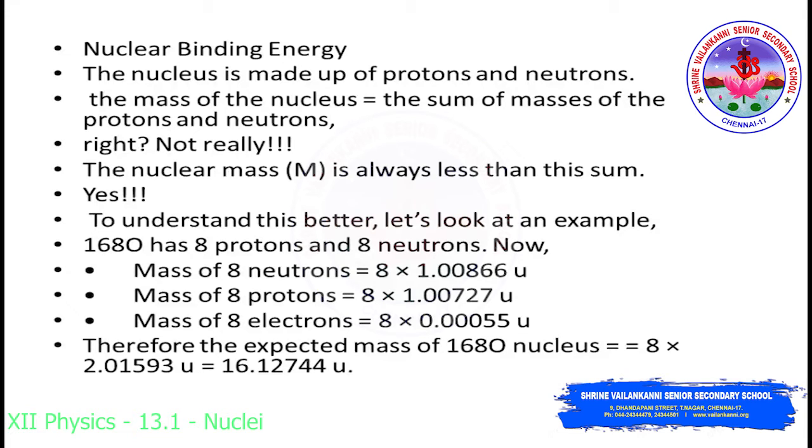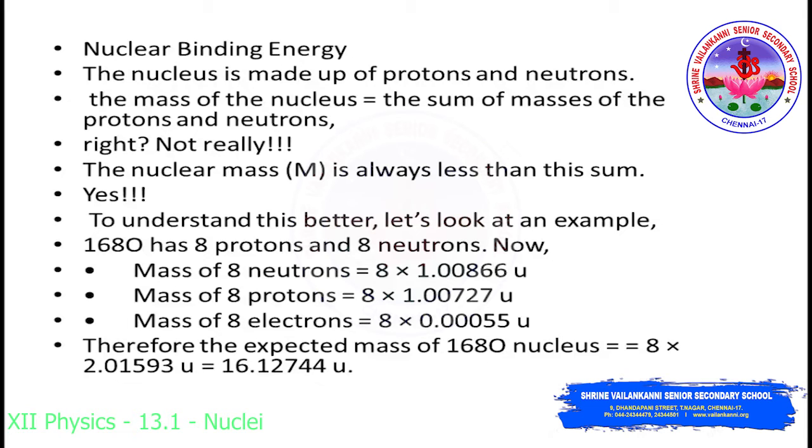So you can get the expression, and the points given: the mass of the nucleus is less than the sum of the masses of the protons and neutrons. To understand this better through an example, the nuclear mass is always less than the sum.